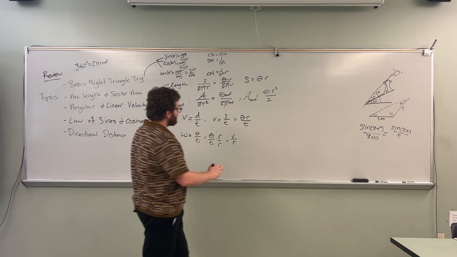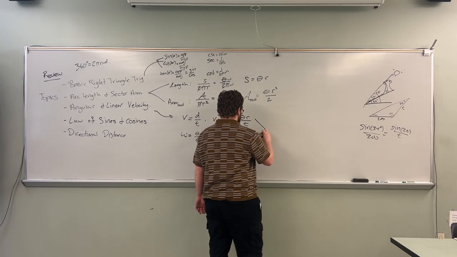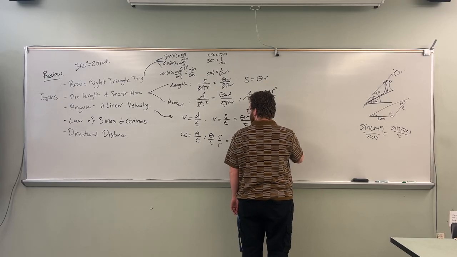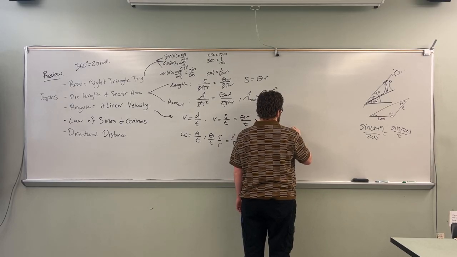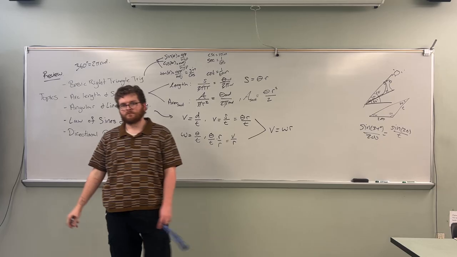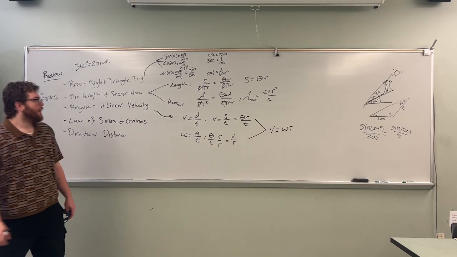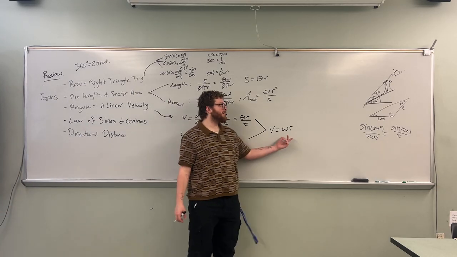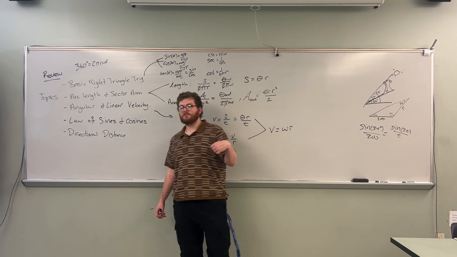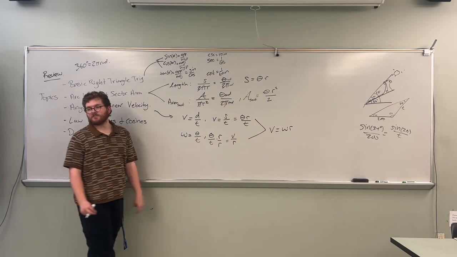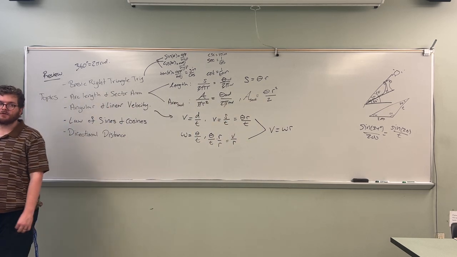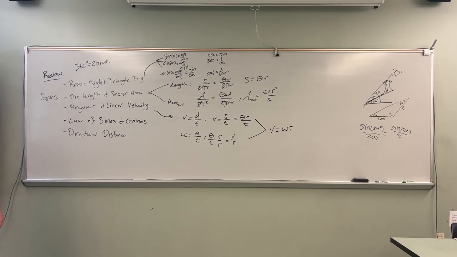Or, relating them to each other, I get that v equals omega r. So that's important. I will probably give you an example that has some sort of angular velocity, or it's easy to figure out the angular velocity, and I ask you for the linear velocity associated with that. And so that's what you have to do there. Again, we'll do more examples on all of this.